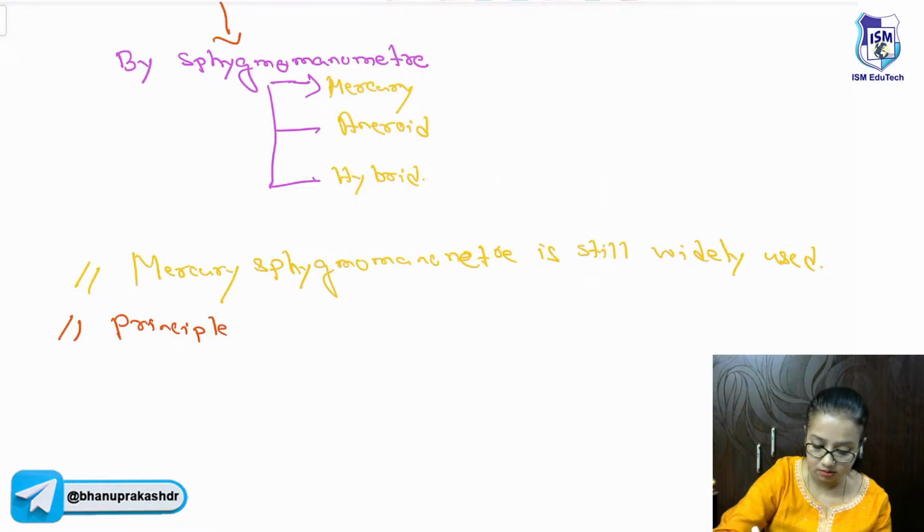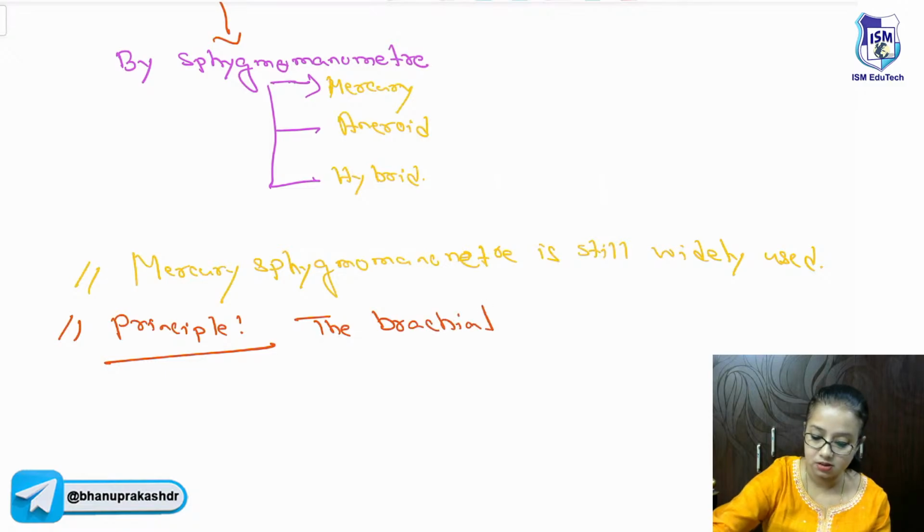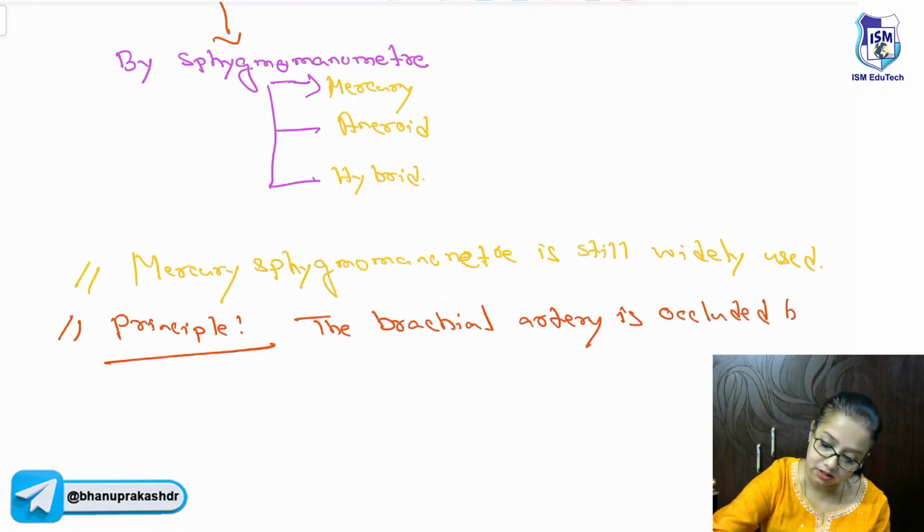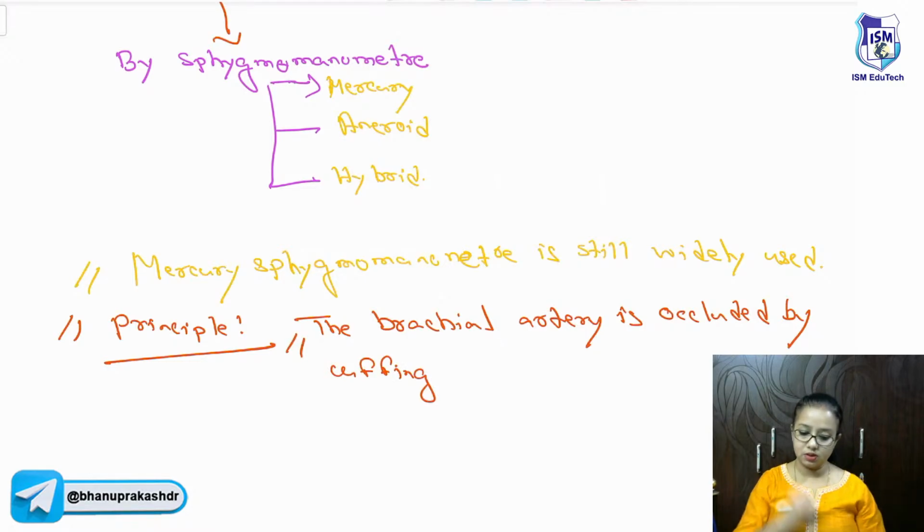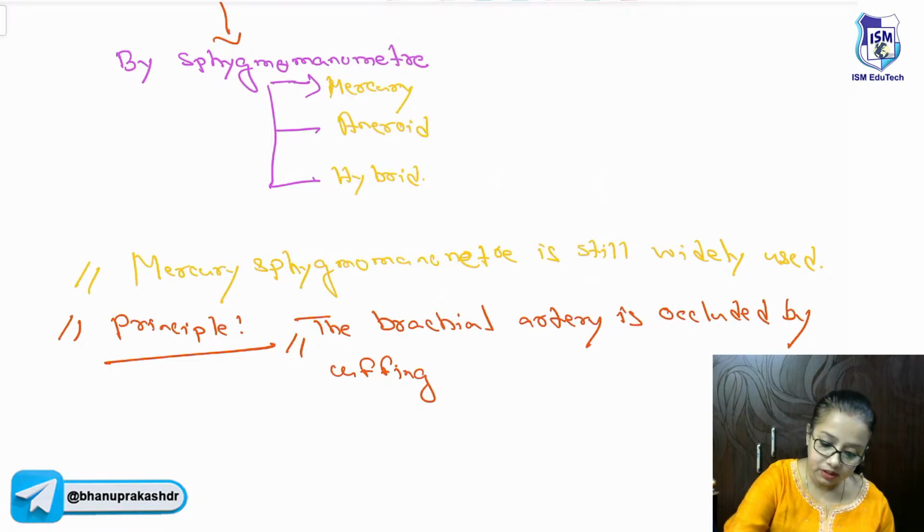The principle is that the brachial artery is occluded by cuffing, means by usage of a cuff. Okay, a cuff-like structure, this brachial artery is occluded.